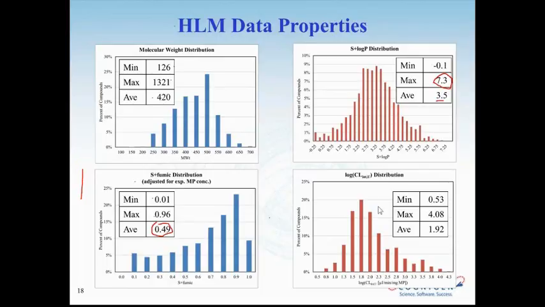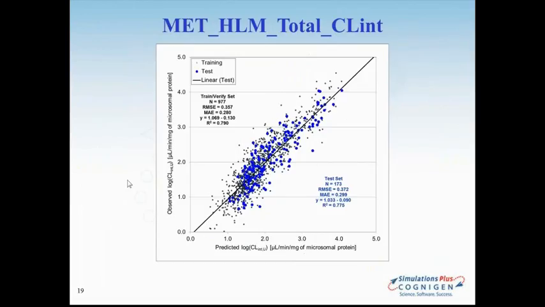And then in the right-hand corner is the log of the unbound clearance distribution, and it varies from 0.53 to 4 with an average of 1.92. This next slide shows a graph of the observed clearance versus the predicted clearance, and then the line through there.